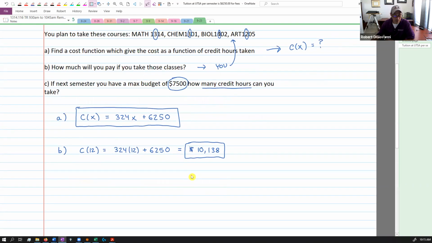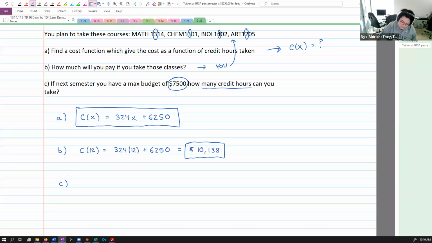All right, who got C? C is the hardest one, I think. I got that with a max budget of 7,500, you'd be able to take 3 credit hours with $276 left over. So how did you do that? How did you set up C?